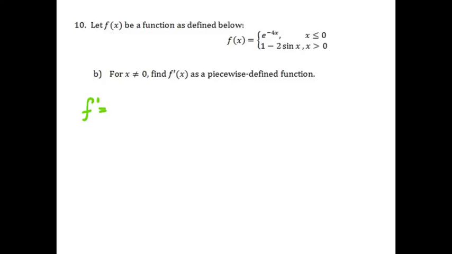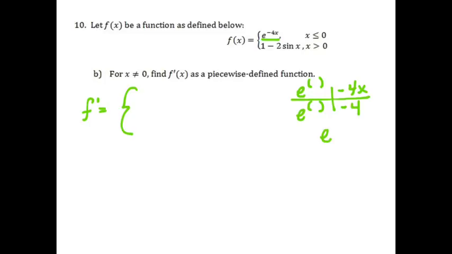F prime is going to be equal to, we're just going to take the derivative of each piece separately. So in my first piece here, e to the negative 4x, I see we've got a chain rule. It is a two-part chain. So I'm going to set up a little chain rule chart here. E to the something is negative 4x. Of course, the derivative of e to the something is just e to the something. The derivative of negative 4x is negative 4.